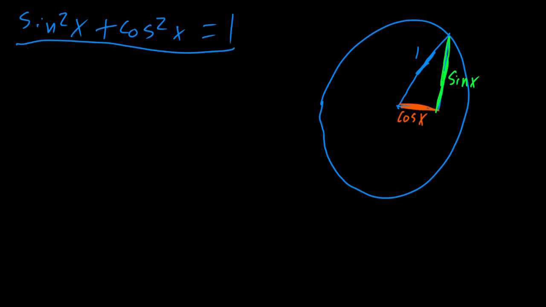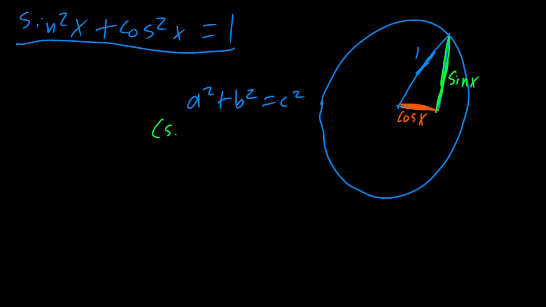So the Pythagorean theorem is a squared plus b squared is equal to c squared. For a, we're just going to plug in sine of x. It doesn't really matter.